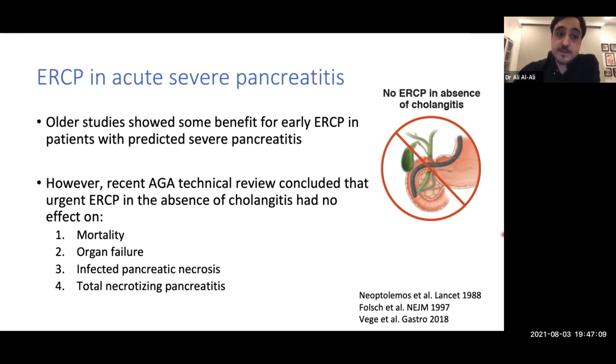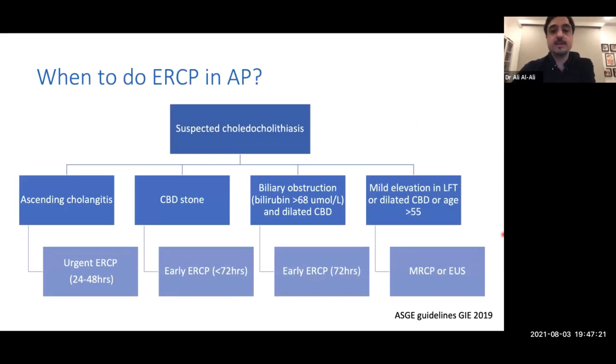So just keep this in mind. However, there are certain patients with biliary pancreatitis that do require ERCP and sphincterotomy. So what are the indications for this? These are the indications for ERCP in acute pancreatitis.